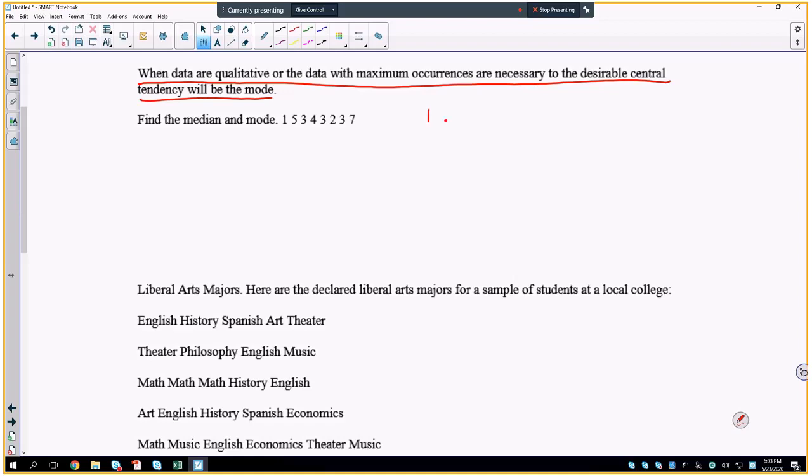We'll have 1, then 2, and then I have 3 3s, I have 1 4, 1 5, and 1 7. I also want to know how many total numbers do I have. I have 1, 2, 3, 4, 5, 6, 7, 8 numbers. So n is equal to 8.